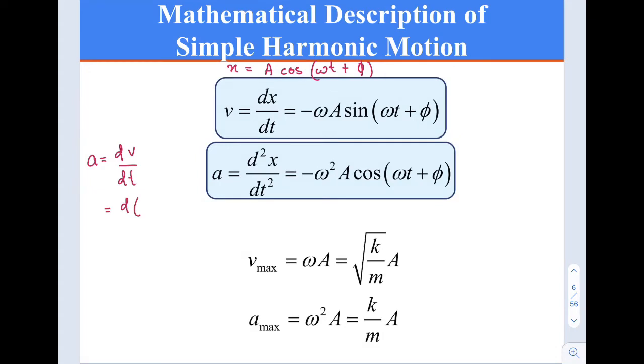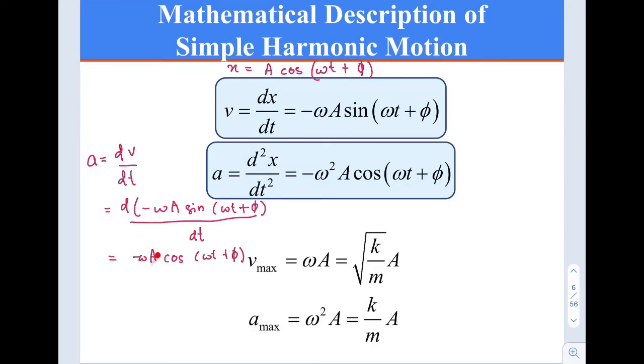You are going to differentiate the function negative omega A sine(omega t plus phi) with respect to time. Differentiating the sine function will give you a positive cos. The negative here remains negative, omega A cos(omega t plus phi).